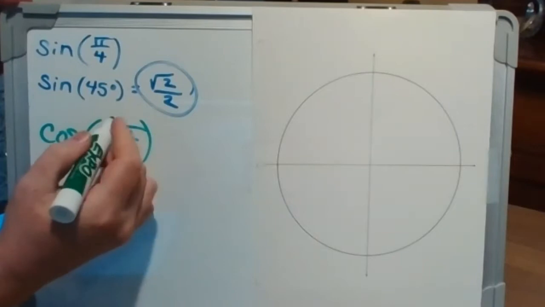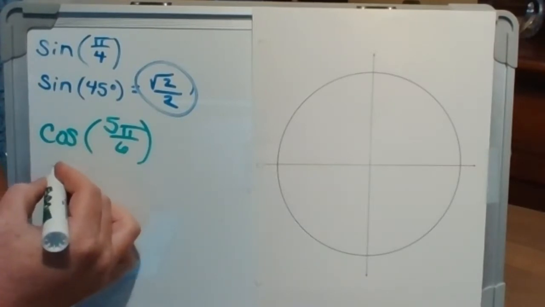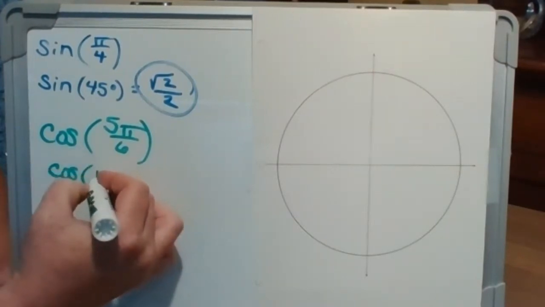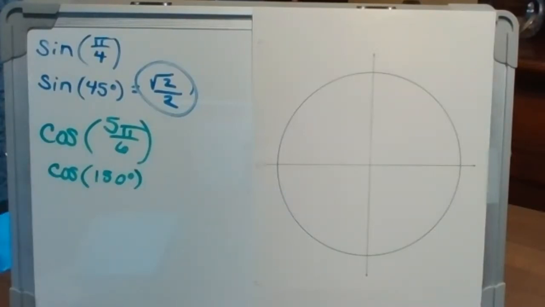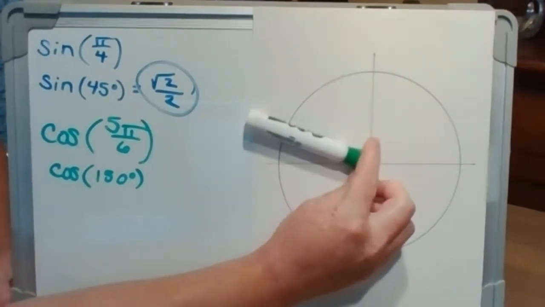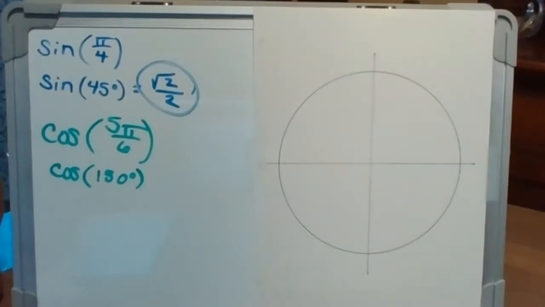So how many degrees is 5 pi over 6? 150 degrees. So 150 degrees, as we rotate, comes over here. What's the reference angle for 150 degrees? 30.